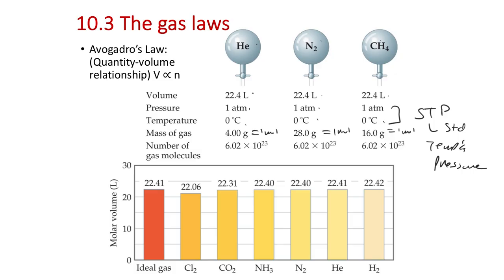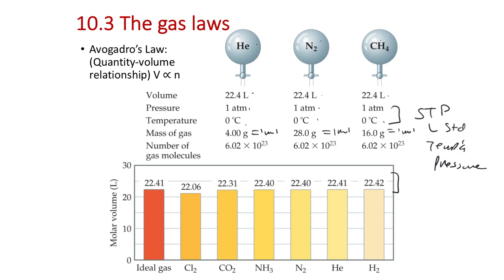So if you have a mole of each of those gases in a container at 1 atmosphere at 0 degrees C, they all turn out to have roughly the same volume as each other. And this graph here is showing you that there's a little bit of variation. The variation is coming from slight breakdowns of the ideal gas law. So some of the compounds are deviating a little bit, presumably because they're experiencing intermolecular forces.